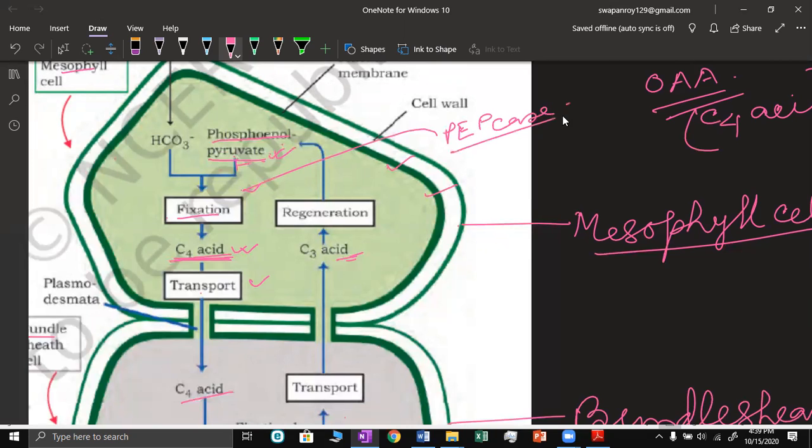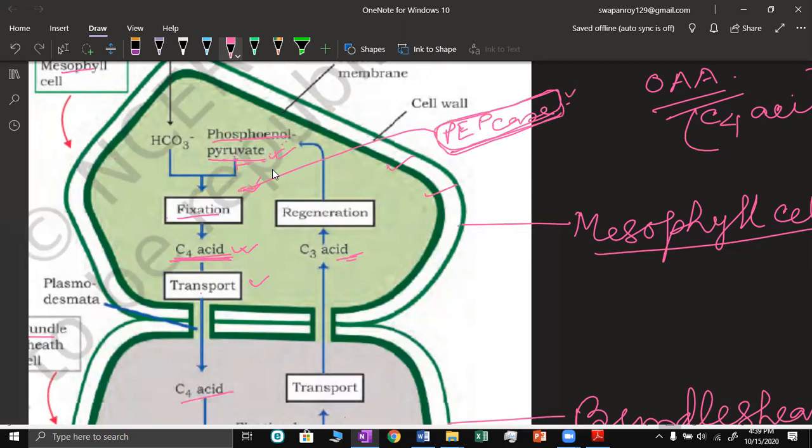That is the PEP carboxylase, and PEP carboxylase is not affected by oxygen. So it will never absorb oxygen. Phosphoenol pyruvate will never absorb oxygen, only carbon dioxide.